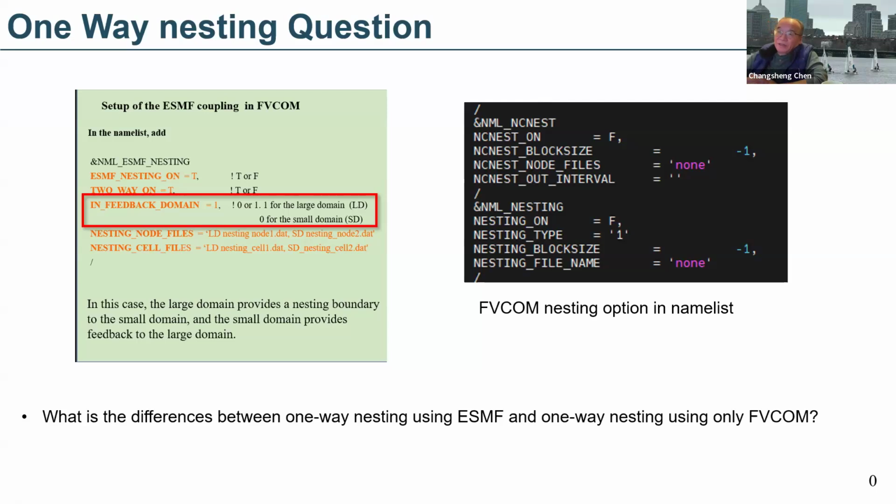No, it depends. The first thing, if you use the ESMF method, you have to consider more nodes because you need two models, the small model at the same time, right? For example, if you have 20 nodes, you probably need to spend 5 nodes for the big model domain, and the other 15 nodes for the small domain, right?